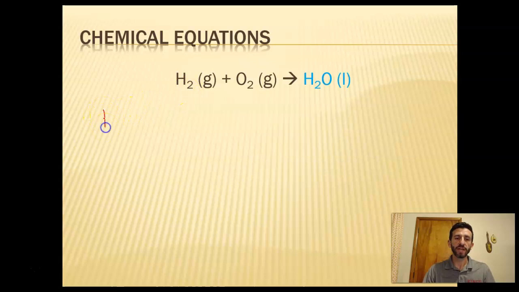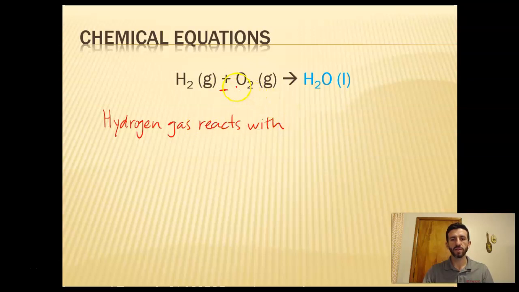But I have hydrogen gas, so I'm going to go from a chemical to a word equation. Okay. Hydrogen gas reacts with oxygen gas to produce, so that's the arrow, liquid water.